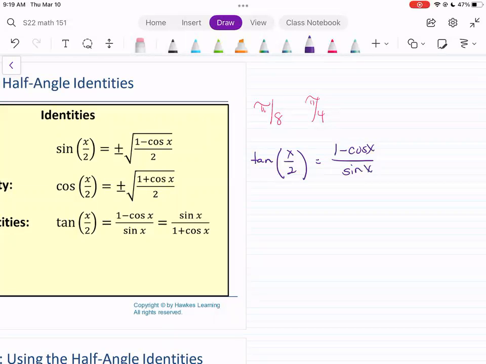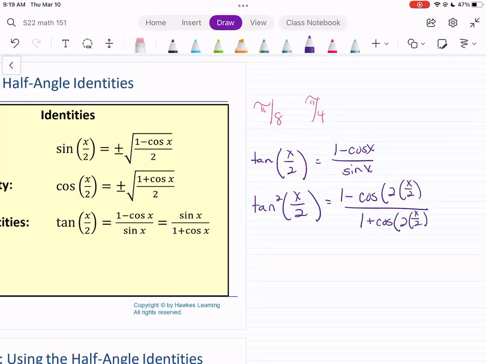To do this, let's first look at the tangent squared of x over 2. Using our previous identities, this becomes 1 minus the cosine of 2 times x over 2, over 1 plus the cosine of 2 times x over 2.